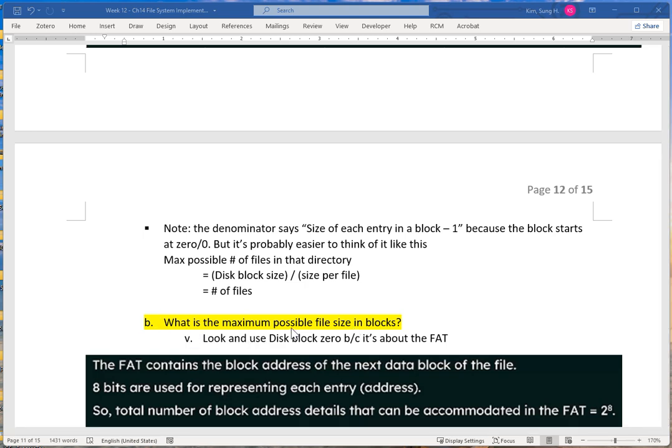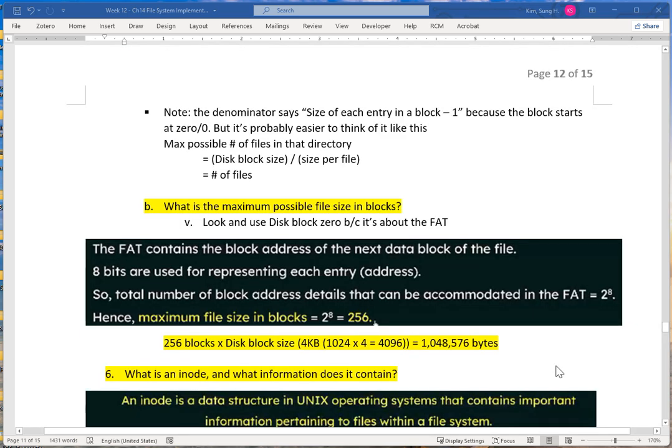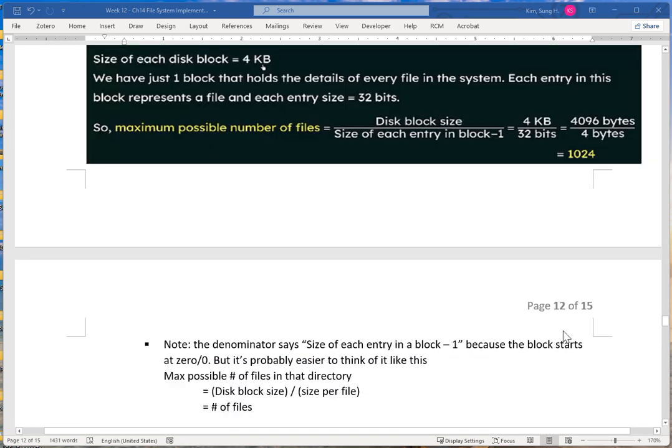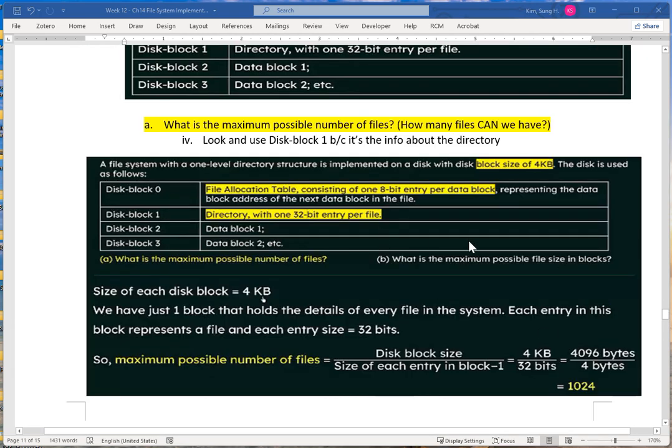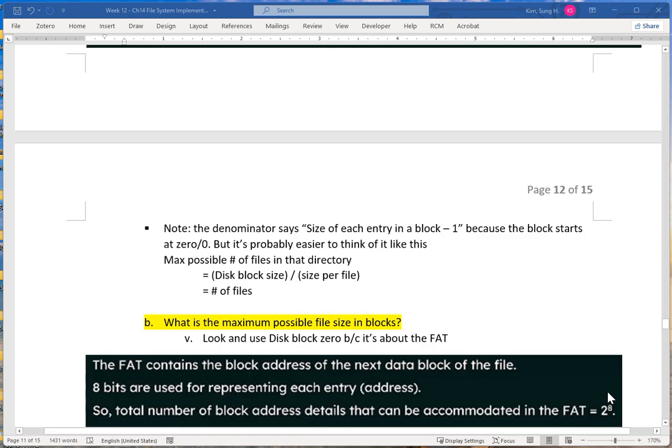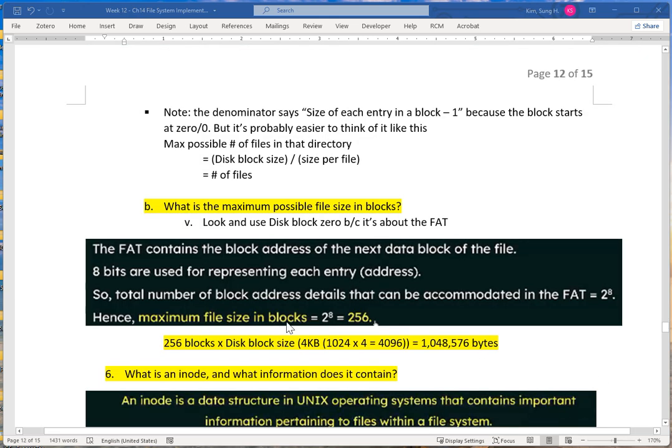For the other question, what is the maximum possible file size on a block? That's what we need to find out. We're told somewhere in this table that there is one 8-bit entry per data block, right? So we can use that 8 to figure out the maximum file size, which is 2 to the 8th, or 256.